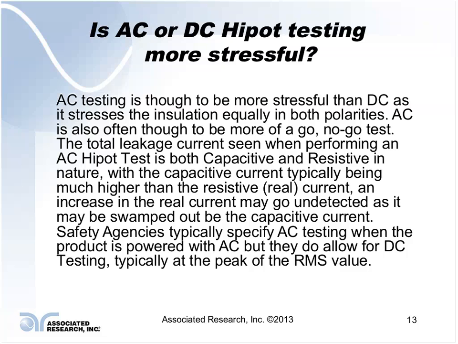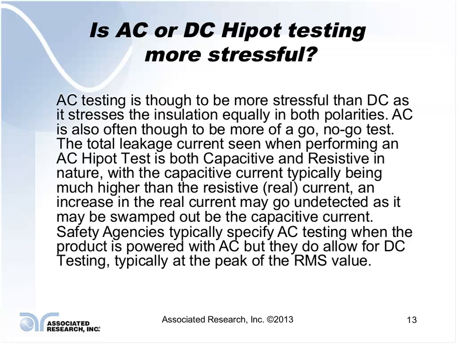But the total current is the vector sum of these two currents, and many times the capacitive current can swamp out the leakage current that is due to the insulation resistance. So it may be difficult to determine: is the insulation damaged, or is the capacitance much higher on this type of product than maybe something else?